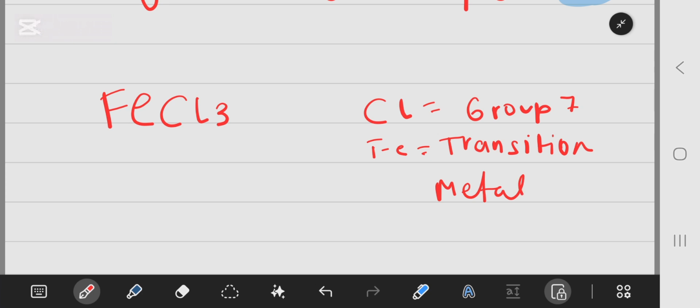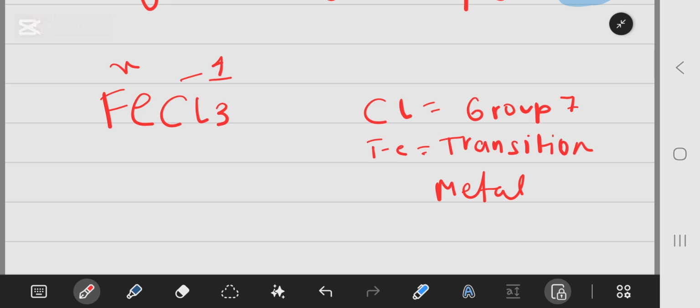So I need to figure out the charge on iron in order to make it neutral. I know for a fact I can find the charge of Cl, but I can't for iron, because there's no group and no fixed charge on a transition metal. I need to assign an unknown variable. Let's go with X, our most favorite, right?